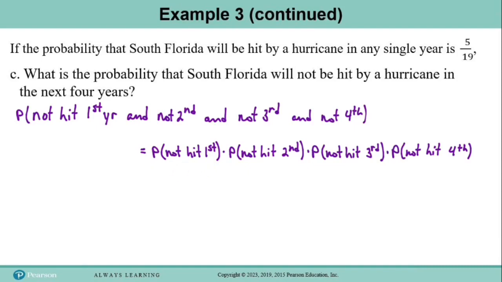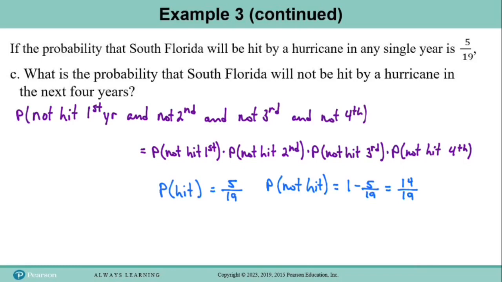So we can probably all agree that they're either hit by a hurricane or they're not hit by a hurricane. And so those two events are complementary. So the probability that they're hit is 5/19, but the probability that they're not hit is 1 minus 5/19, which is 14/19. So this is the value that we'll be plugging into our calculation here.